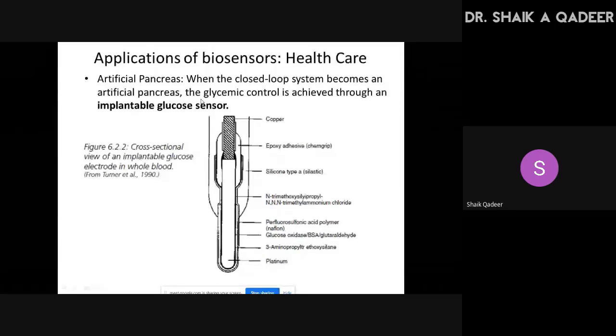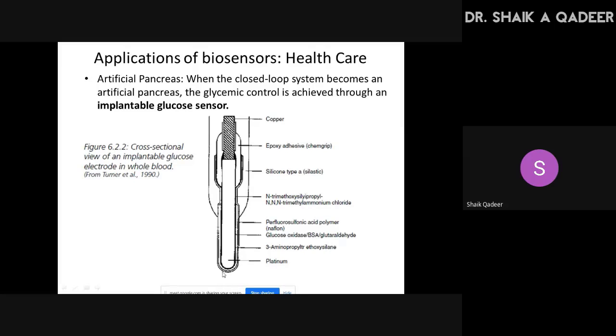The glycemic control is achieved through an implanted glucose sensor. Meaning, the artificial pancreas is actually a closed loop system which takes care of controlling the blood sugar level with the help of an implanted type of device, which internally includes the glucose measurement and the administration of proper insulin accordingly.